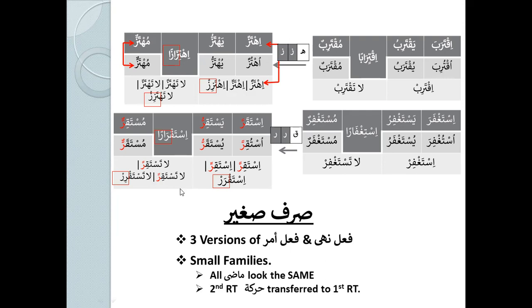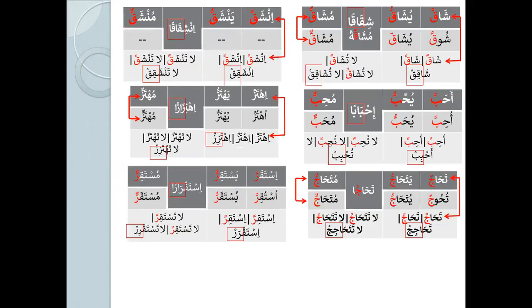But usually it follows the same rule: when two letters squish together, they form one letter, and a shadda is put on top with the haraka which is on the last letter. So let's look at all these families together. I've not included allama and ta'allama because there are no irregularities in those families, since they are called shadda families, so they already have shadda in the middle.